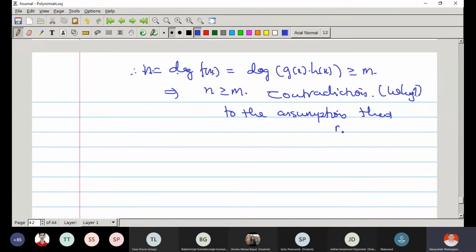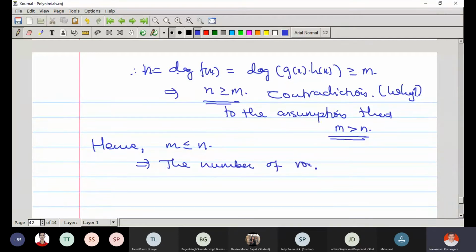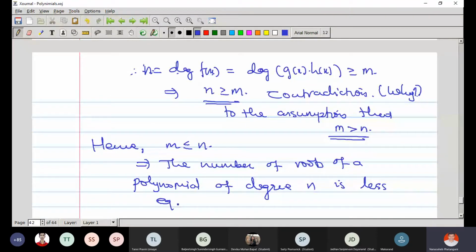Hence, if you assume that the number of roots is greater than the degree, there is a contradiction, which is not possible. Hence, m is less than or equal to n. That means the number of roots of a polynomial of degree n is at most n. So a polynomial cannot have more roots than its degree.